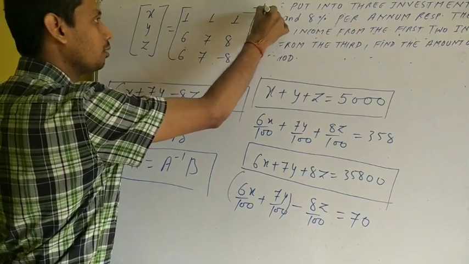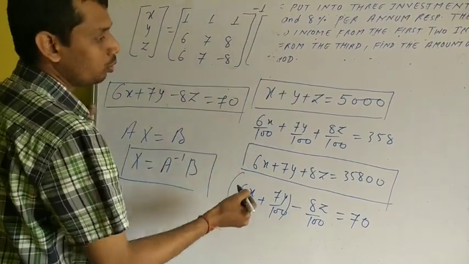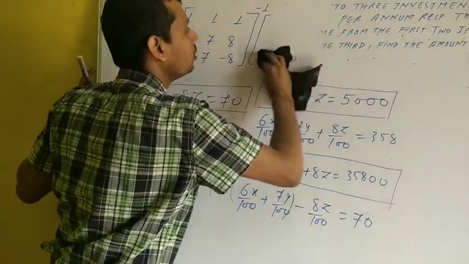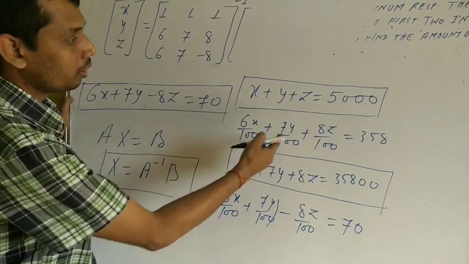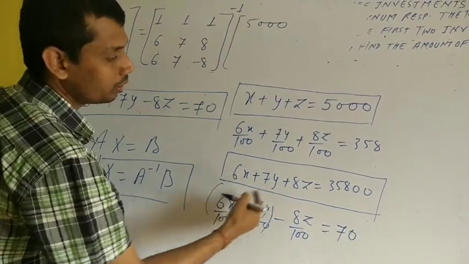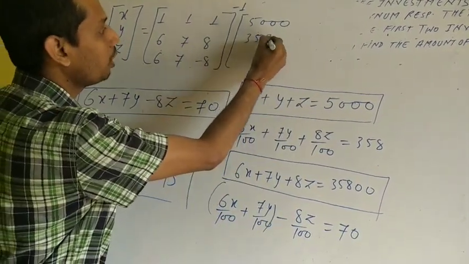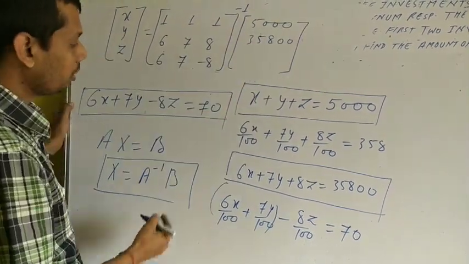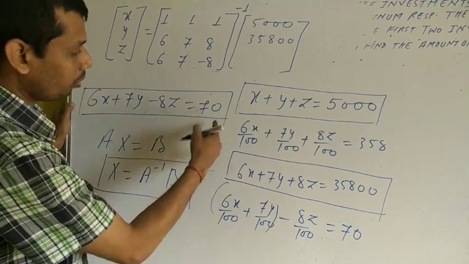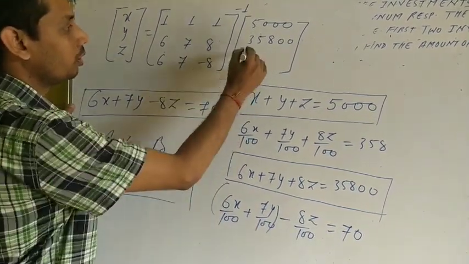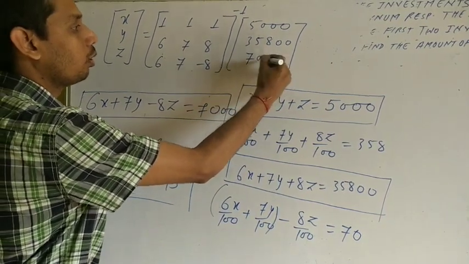Its inverse into B. B is 5,000; 35,800, and we have missed 20 here; 100 into 70, this will be 7,000. So this is 7,000.